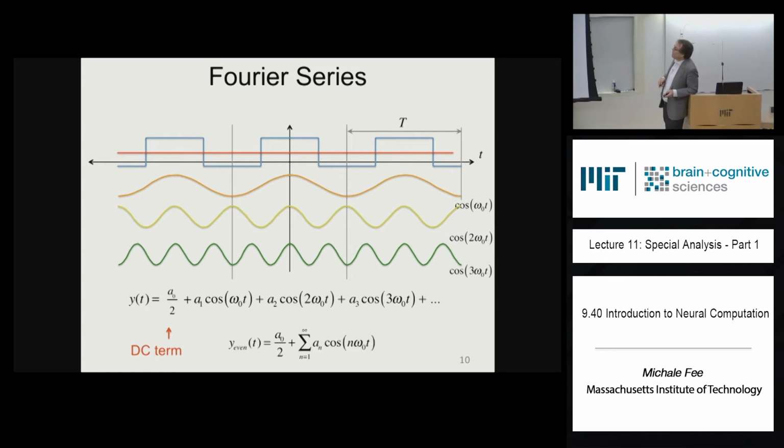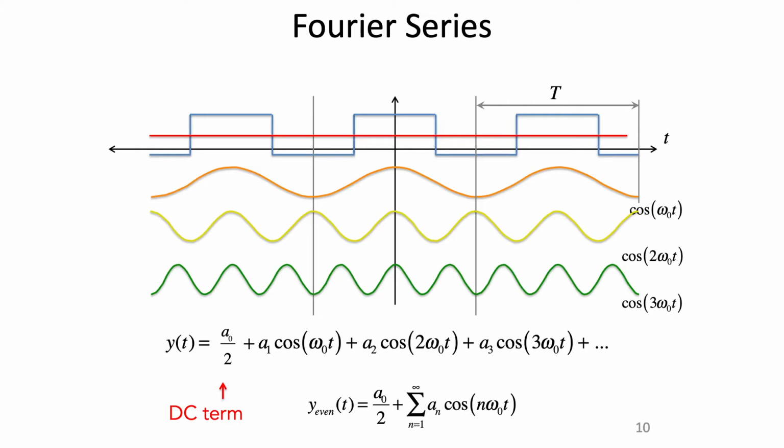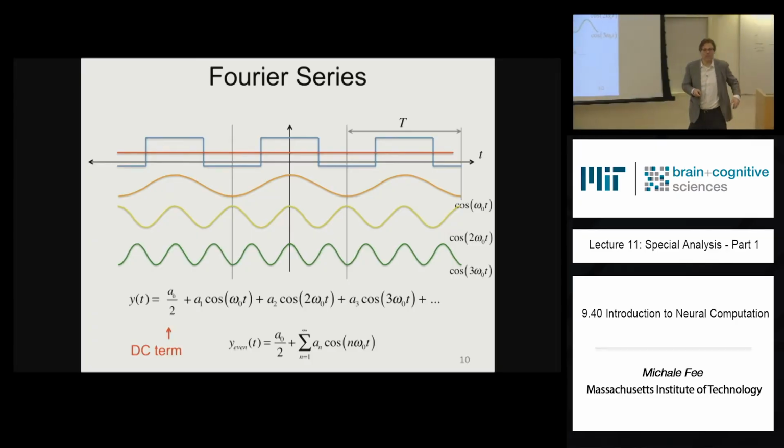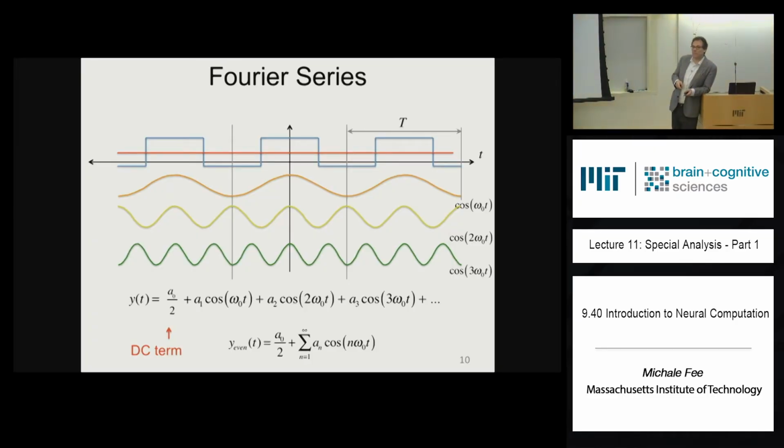Okay, all right, good. We can now write that as a sum: y even of t equals a0 over 2 plus a sum over all these different n's of a sub n, which is a coefficient, times cosine n omega naught t. Omega naught is 2 pi over this time interval here, the periodicity.